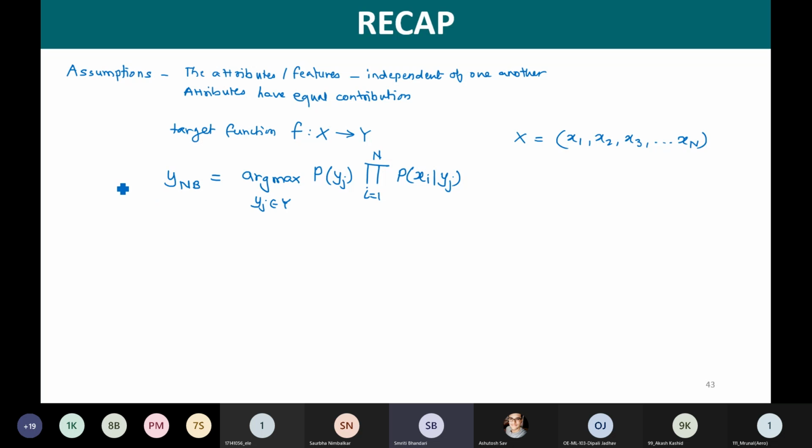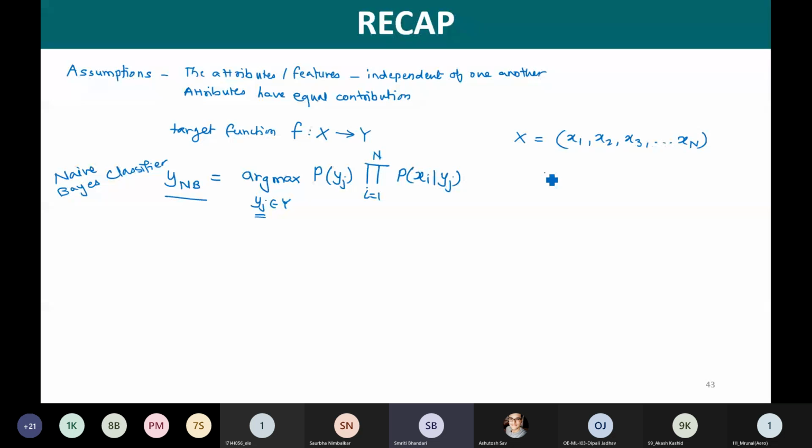Right? So our Naive Bayes classifier is given as y_NB equal to argmax yj belongs to capital Y, probability of yj into probabilities of xi given yj for all attributes like xi's. So if I am having 4 attributes, then I'll be having 4 probabilities like probability of x1 given yj, x2 given yj, x3 given yj and x4 given yj.